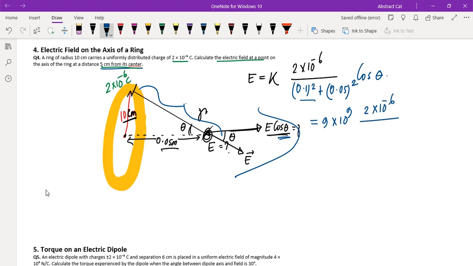So 0.1 square we get 0.01, and here we get 0.0025. And the cos theta, that is base over hypotenuse. So cos theta is base 0.05 over hypotenuse r.